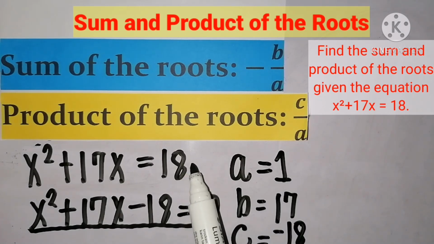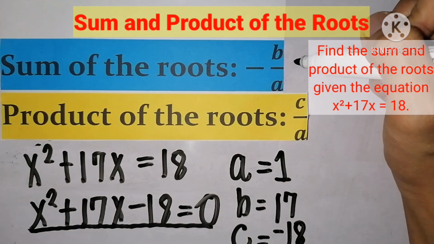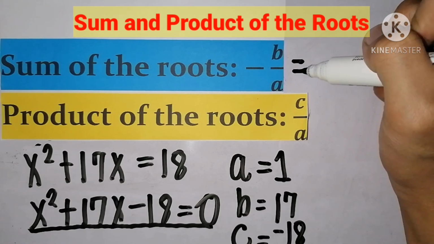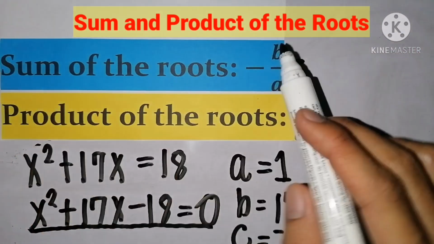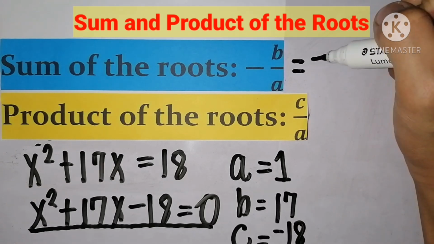Again, step number 1, transform into standard form. Step number 2, find the values of a, b, and the constant. Then step number 3, find the sum and product of the roots. For the sum, we have negative b over a, so you copy negative.